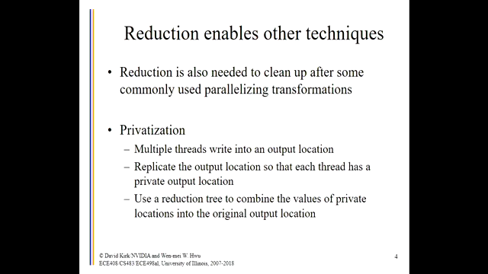We want to minimize serialization in our parallel computing, so we try to avoid atomic operations by assigning a private location to each thread. They just keep updating their private locations, and at the end we use a reduction tree to combine these private versions into the final version.